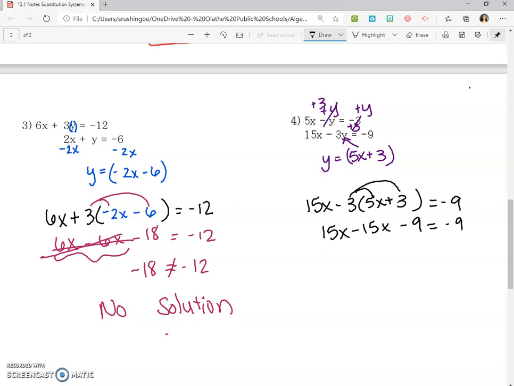Okay, we've got that again. 15x minus 15x is no x's. And then we have a true statement. So if it's true, then it is infinite solutions. And those are our 3 types that you will see with systems.